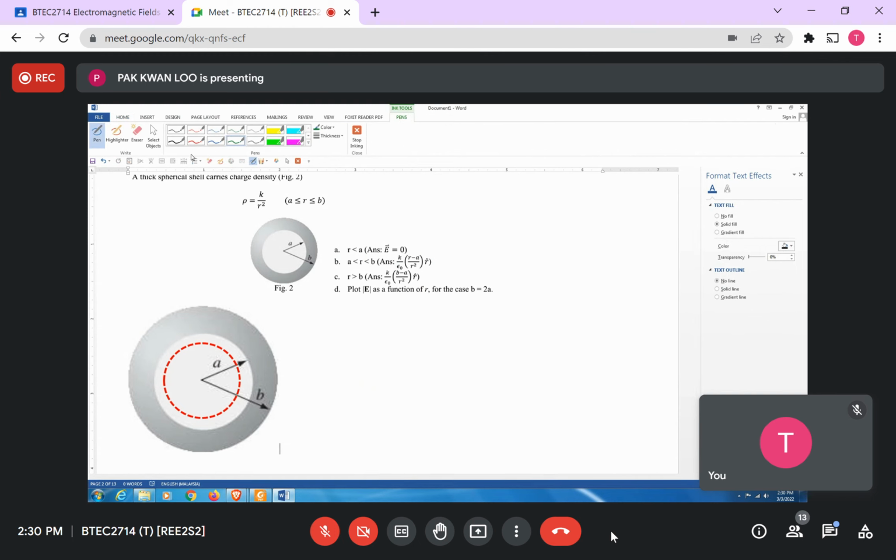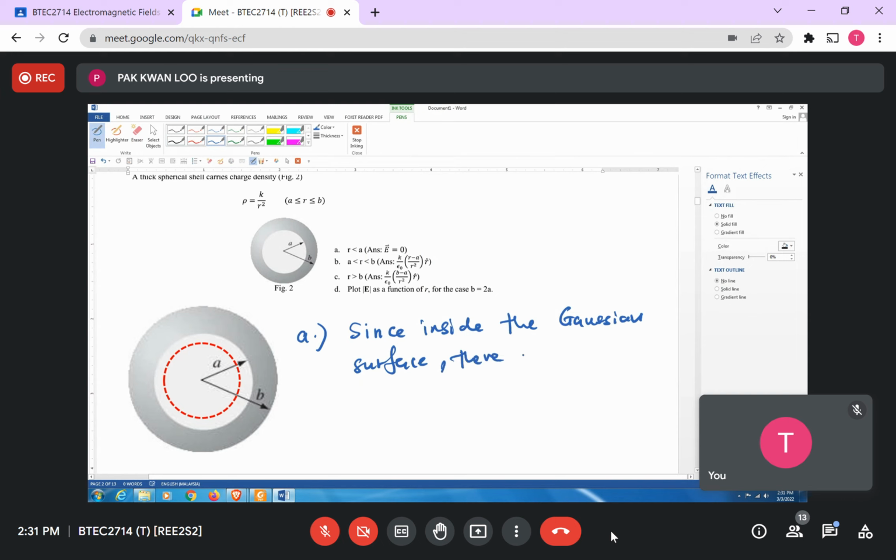So by writing the Gauss law, for part A, since inside the Gaussian surface there are no enclosed charges, there are no charge densities. Okay.